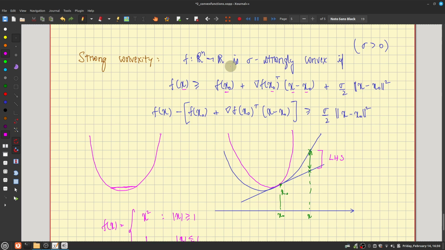It's a definition. If you want to use norm instead of norm squared, then you get something else, but we won't call it sigma strongly convex. Also, something to keep in mind: I just called it norm. This may or may not be the L2 norm.